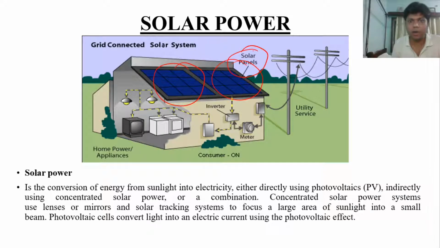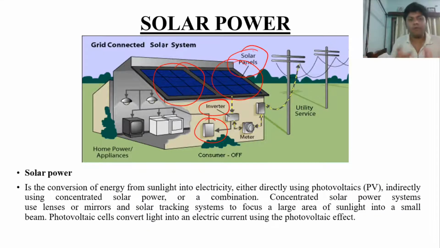With the help of an inverter we can convert DC power into AC power, and that AC power will be stored in the battery bank. Whatever load we have connected at our homes will be supplied with the help of the energy storage battery bank, and the excess amount of electrical energy will be sent to the grid-connected transmission lines.